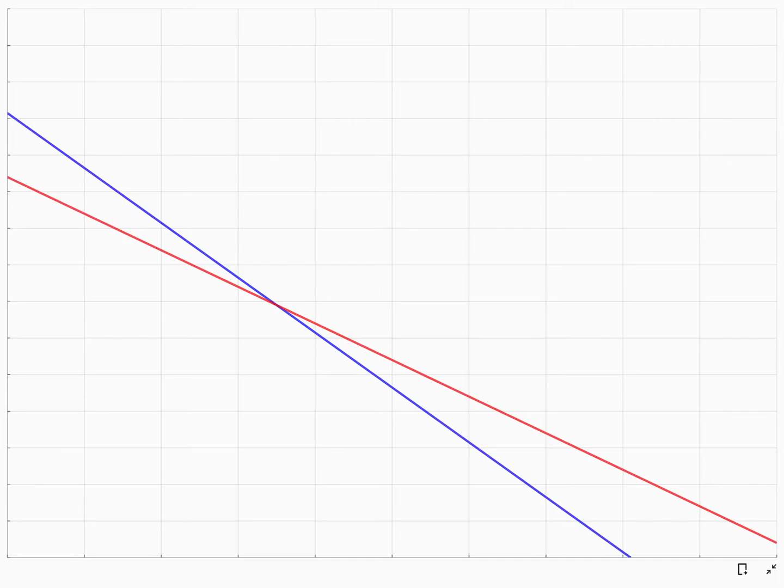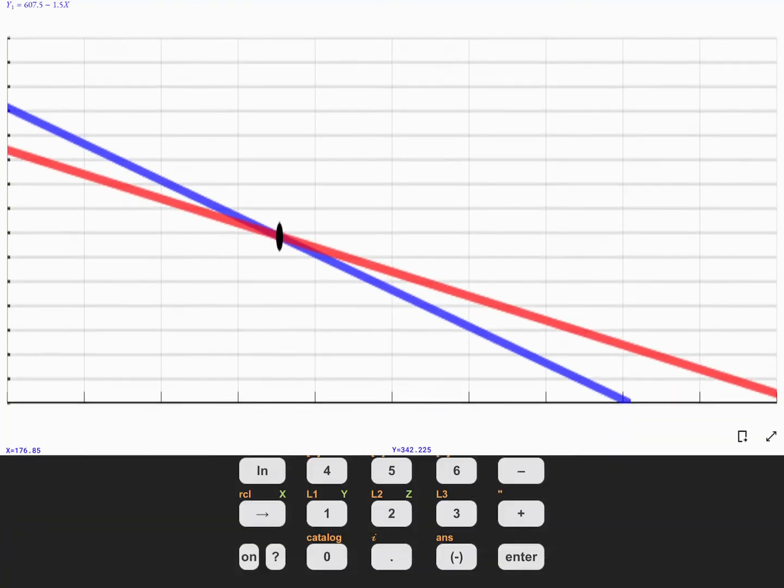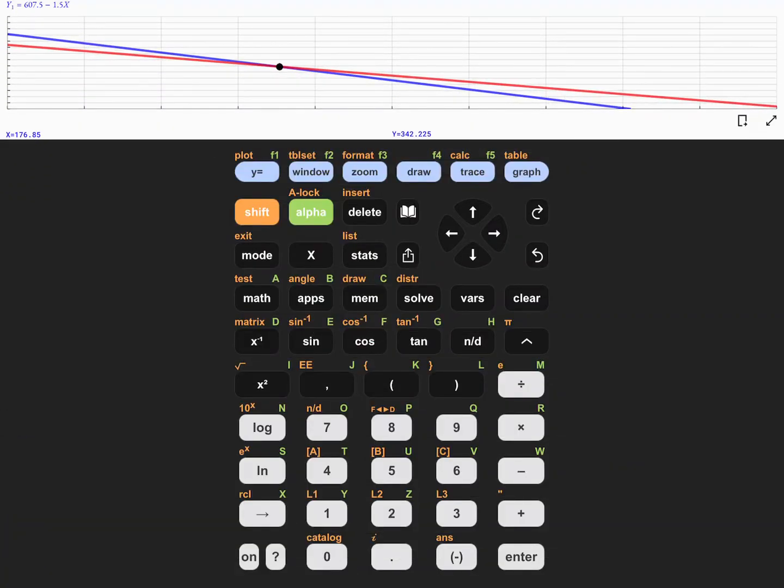And then in the y direction, it's 50, 100, 150, somewhere between 300 and 350. Mine, obviously, we can kind of move around because it's on my iPad. You would have to trace on yours, and it'll allow you to move your cursor around if you wanted to kind of approximate.